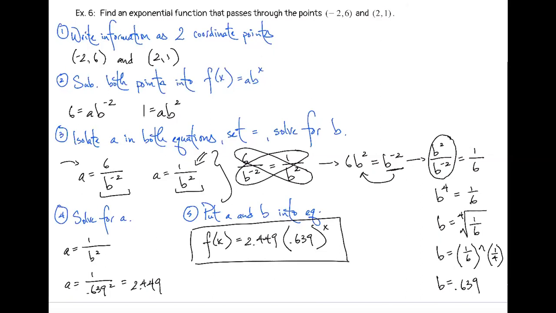Yeah, the b value is not just less than 1, but it's between 0 and 1. So we know based off of that that it is a decay situation. In our brains, we want to think about that graph that's getting smaller and smaller as we go.